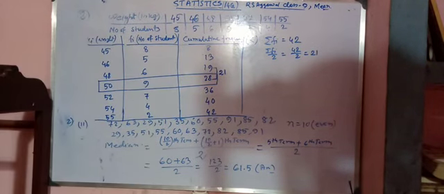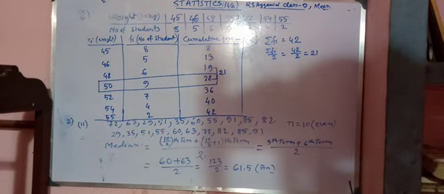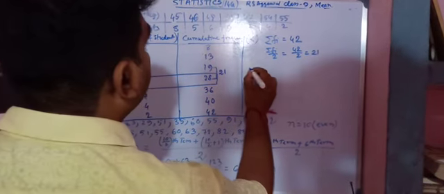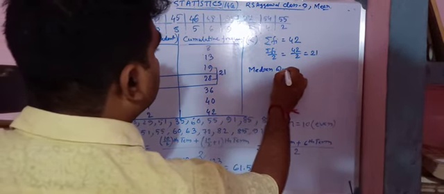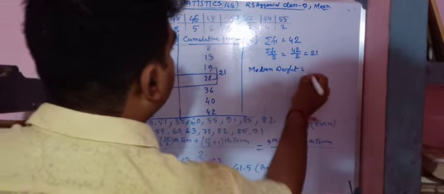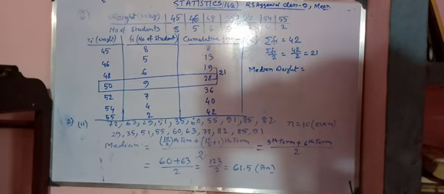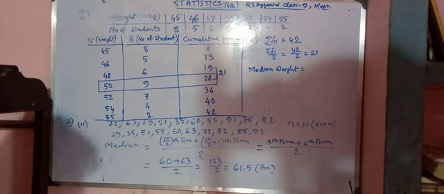Understood that? That thing we have to understand very well. Now, what is my median weight? The median weight should be 50. 50 is my median weight.